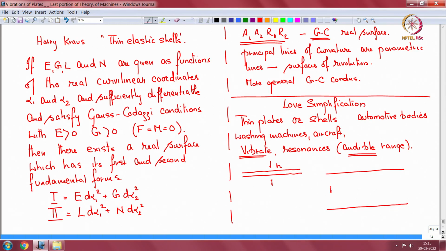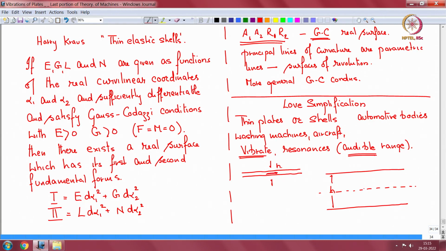Okay, this is my h now, and this is the middle surface. Then you can always represent, let us say, the axial movement. There is an axial movement, suppose.